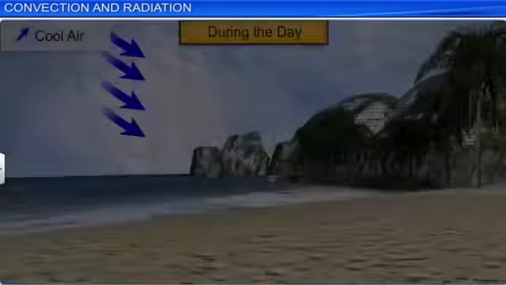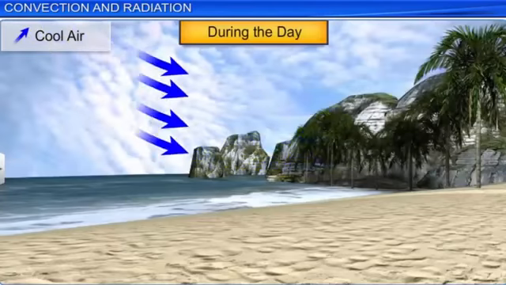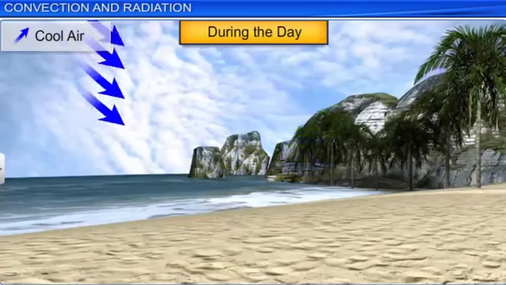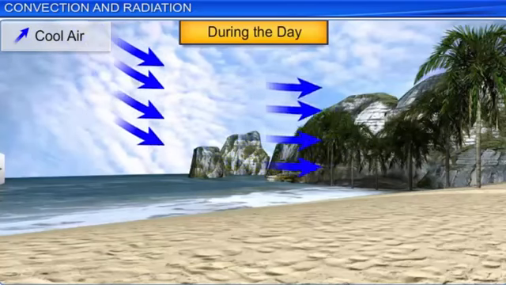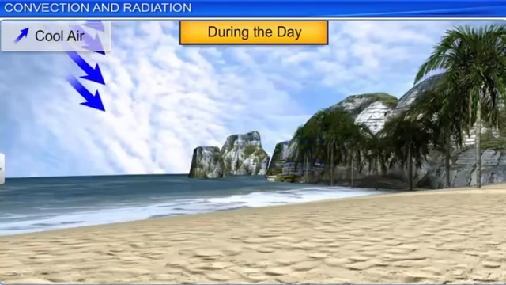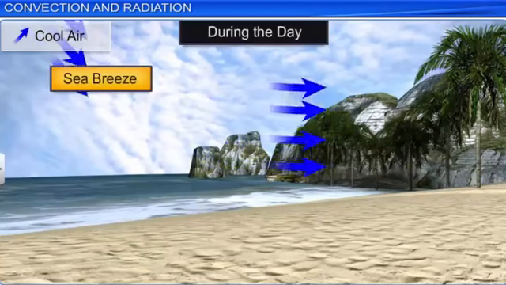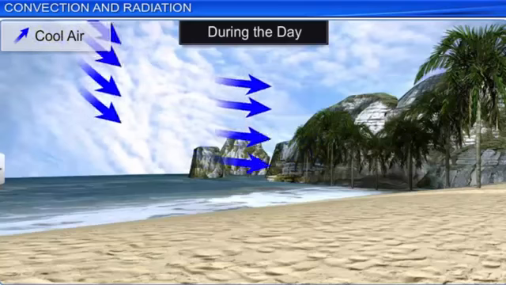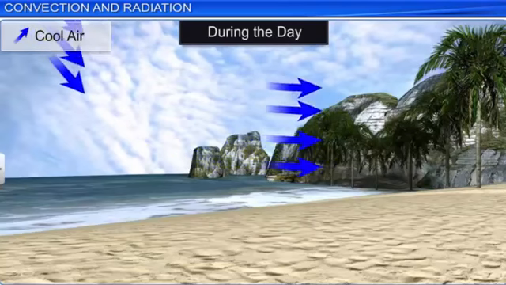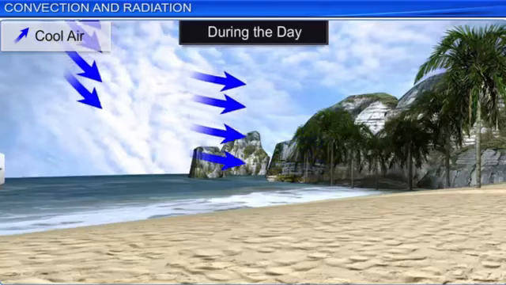For example, in coastal areas, wind blows from the sea to the land in the daytime. This is known as sea breeze. The sea water warms up slower than the land because of high specific heat capacity of water.